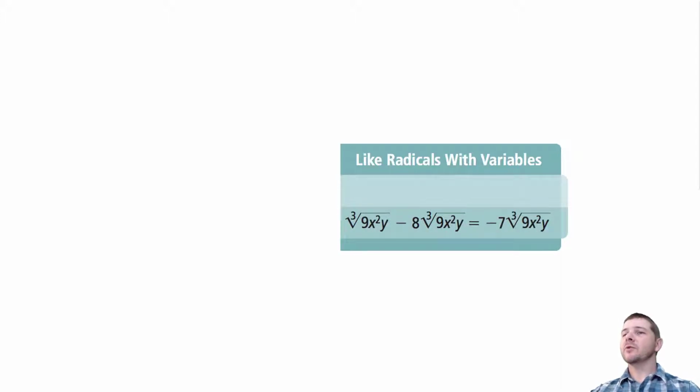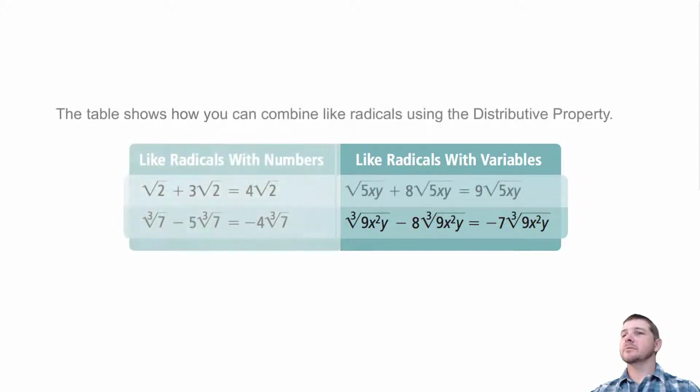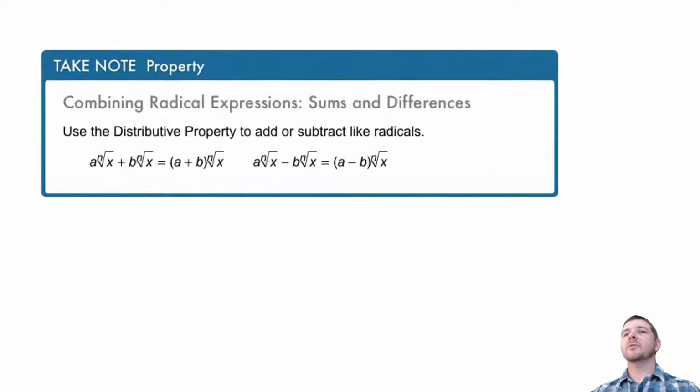Below that, the cube root of 9x squared y minus 8 times the cube root of 9x squared y equals negative 7 times the cube root of 9x squared y. Take note, property, combining radical expressions, sums and differences.